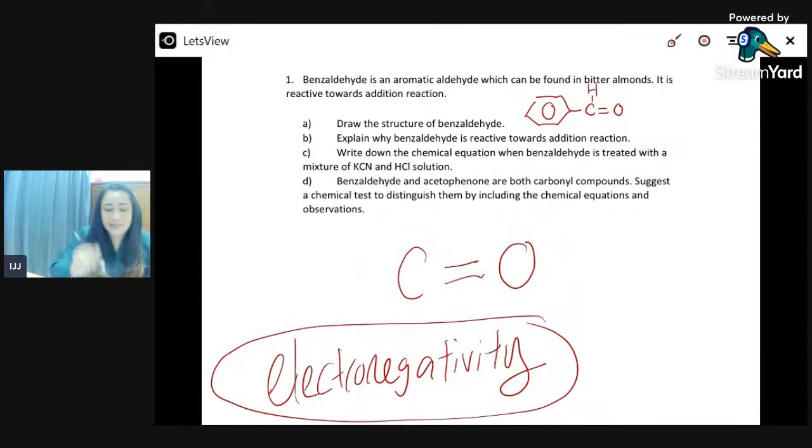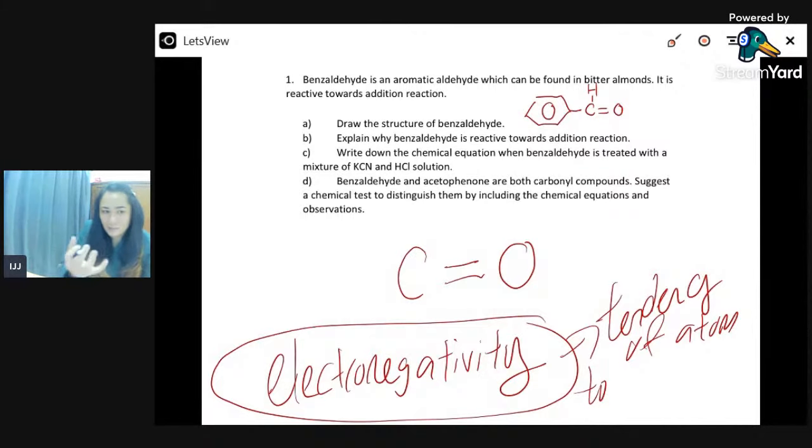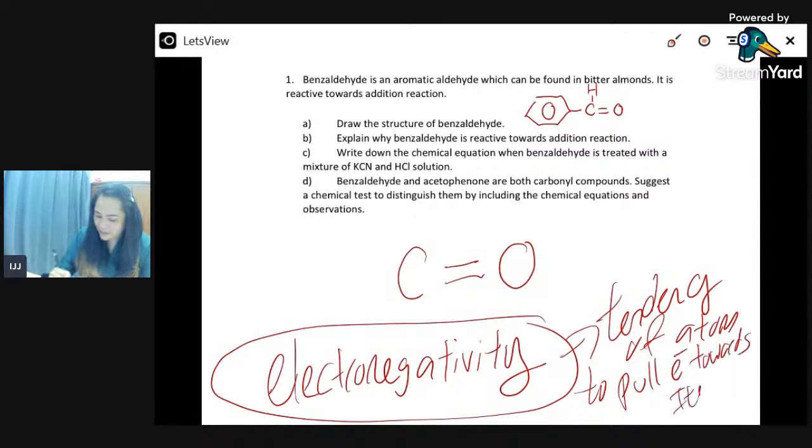Again, what is electronegativity? It is the tendency of an atom to attract, pull electron towards itself.